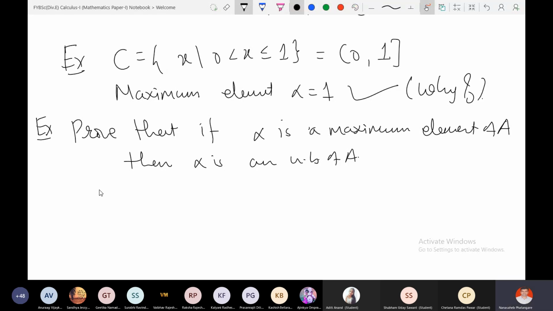This is very straightforward. If alpha is a maximum element, then certainly it is an upper bound, because by the definition of maximum element, each member is less than or equal to alpha. Is it clear?